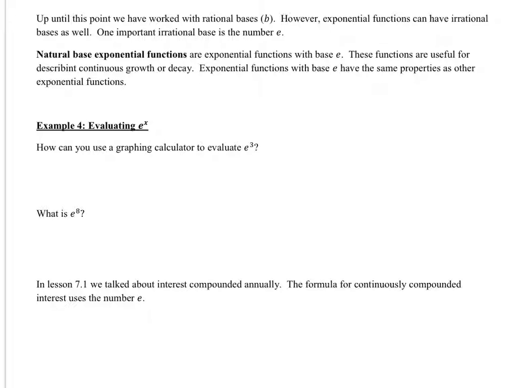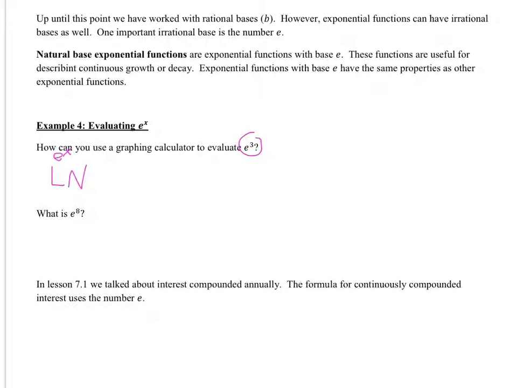If you look at your graphing calculator, which you should have one in your backpack or someplace, there is an e when you find the button that looks like this, and there should be a little e to the x for your second key. For this problem, I want you to evaluate this.